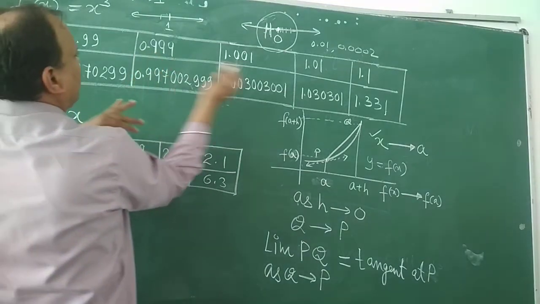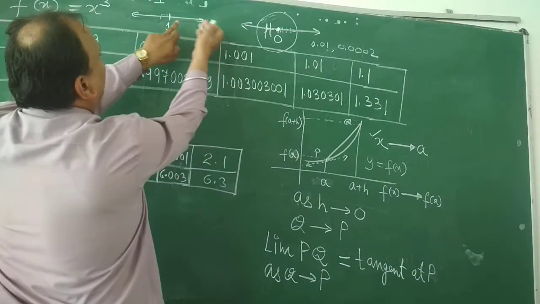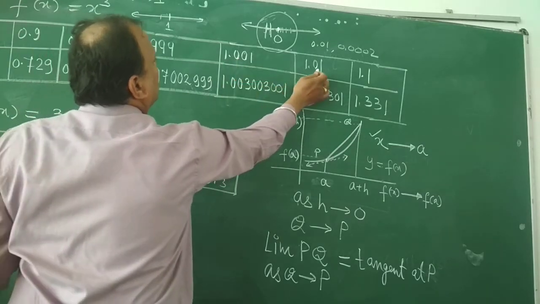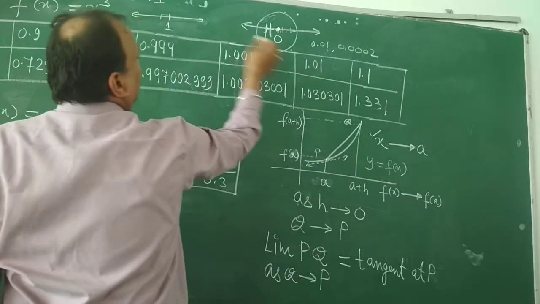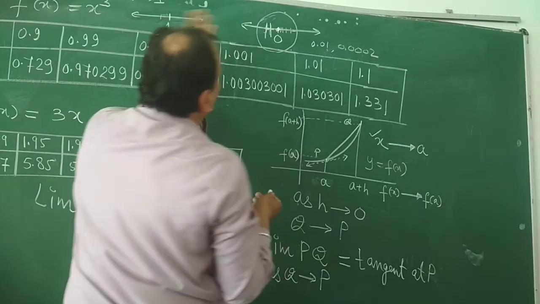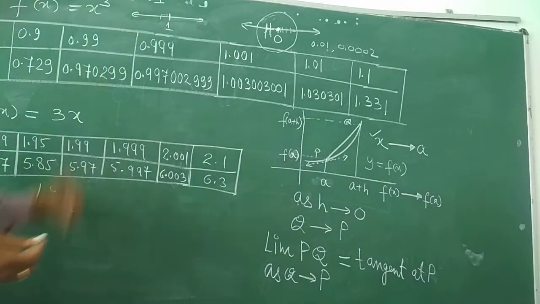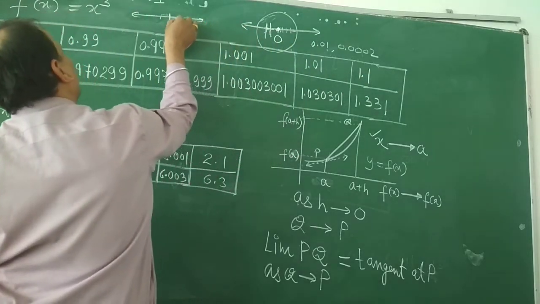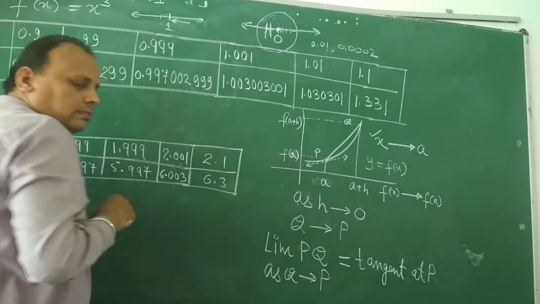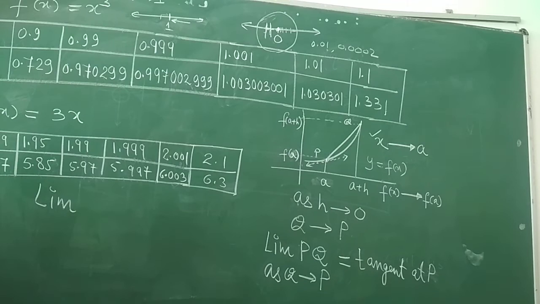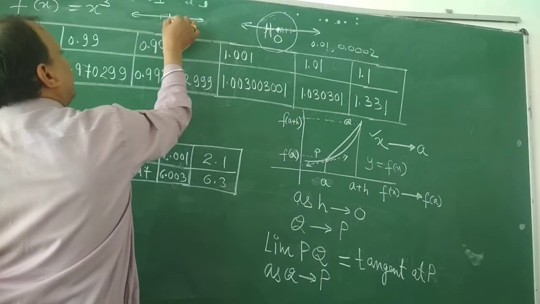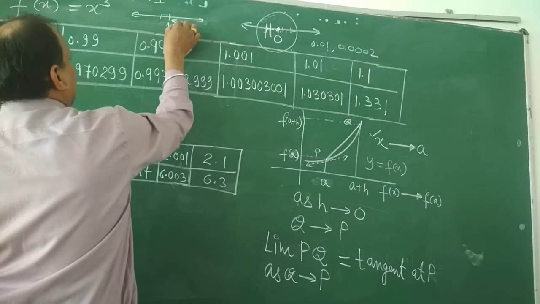Here also, from the right hand side, the variable x takes values 1.001, 1.01, 1.1, and even more values which are closer to 1. Then we can say that we approach 1 for different values of x which are nearer and nearer to 1. We see that x is approaching 1 from the right hand side.